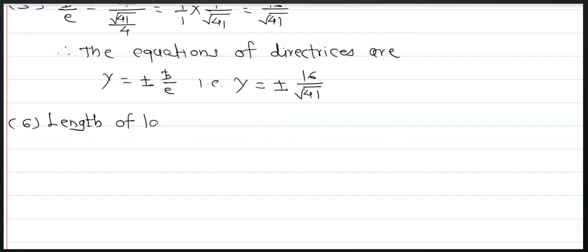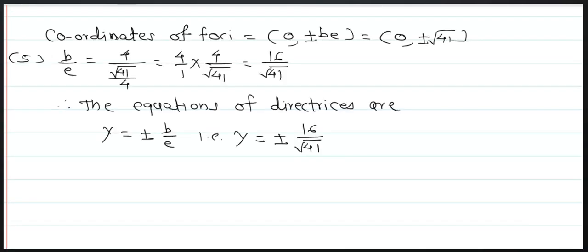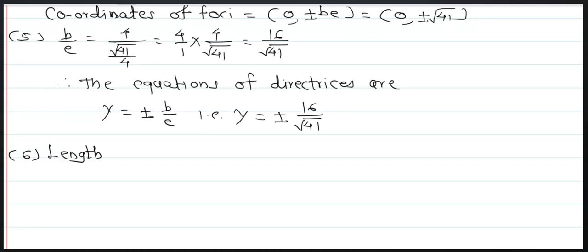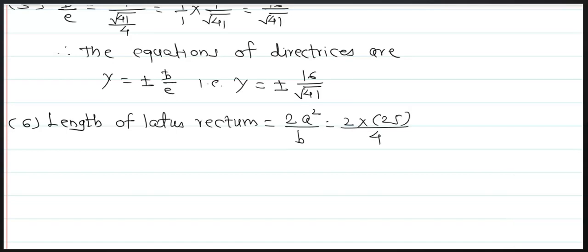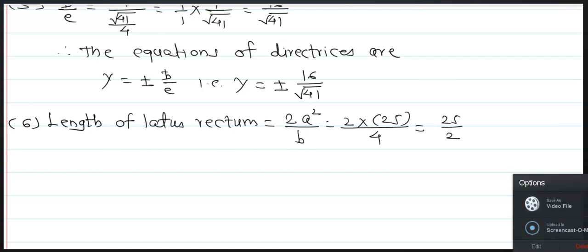Length of latus rectum, 2b square upon a, that is 2 into 25 upon 4, that is 25 upon 2.